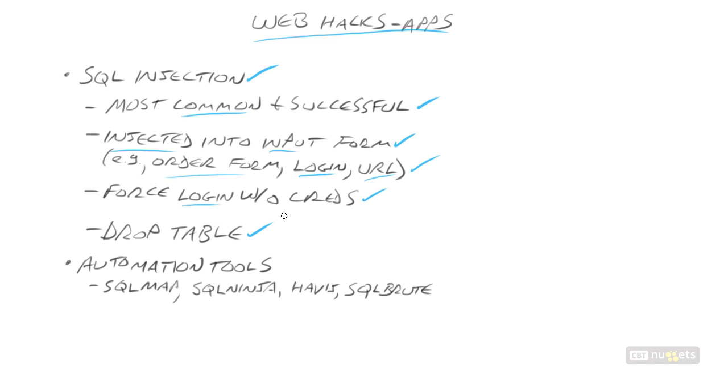It could be usernames and passwords, it could be price lists, it could be any kind of information that that database actually contains. There are a number of automation tools for this. Starting from the back of this, you can use SQL Brute, Havij, SQL Ninja. Later on, we'll take a look here maybe at SQLMap, which is another method you can use for this. And what this will do is identify the vulnerabilities that are potentially there.